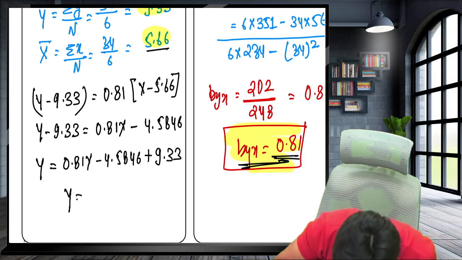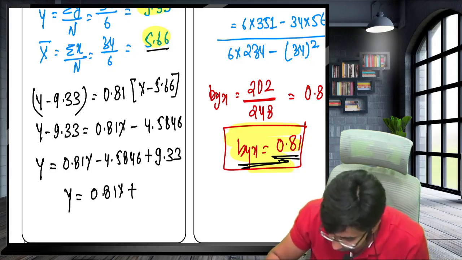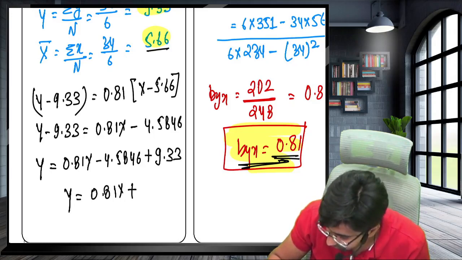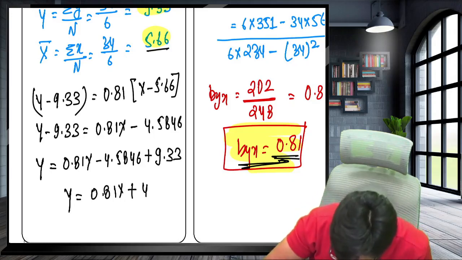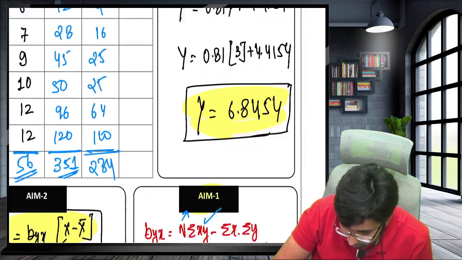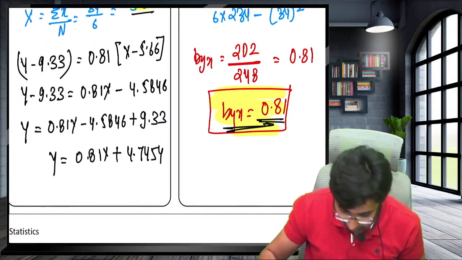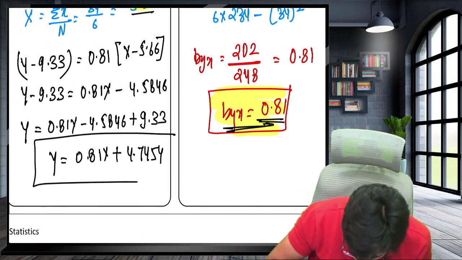So the constant will settle down: 0.81x plus 9.33 minus 4.5846, which is 4.7454. Okay, guys, I have solved this. I think I made the mistake in the constant part, the calculation part. I must have pressed some other button.